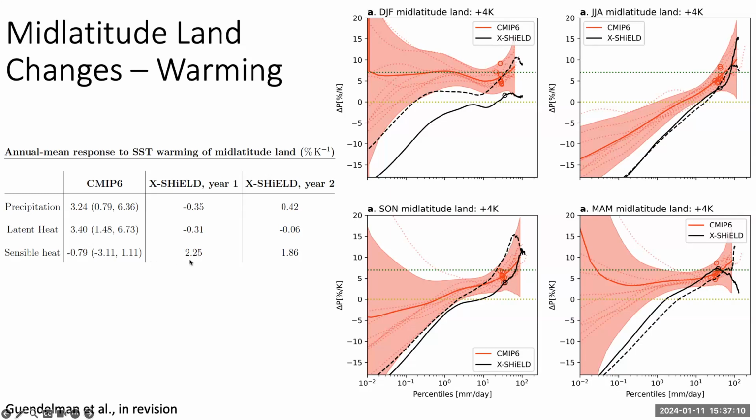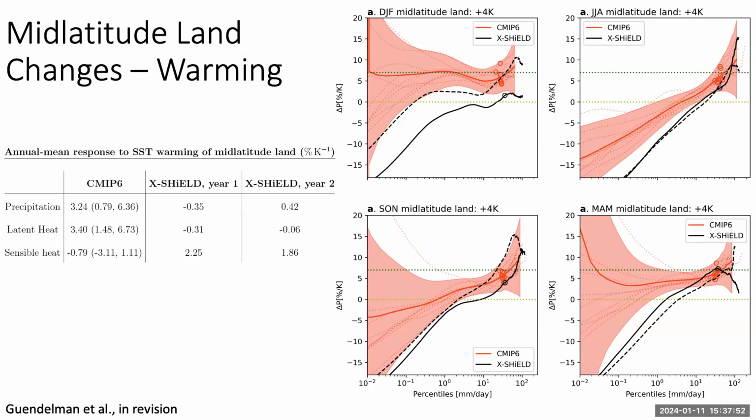And this is just an indication that this is a response of the surface atmosphere interaction. So you can say, okay, maybe it's just the fact that X-SHiELD uses some type of a land model, but I think that the more reasonable way to think about that is to say, okay, we have a fine resolution model. It means that we resolve better the interaction between atmosphere and land, which results in a different precipitation response.